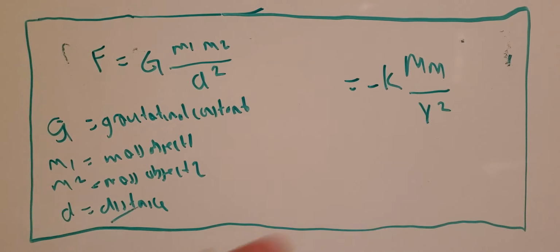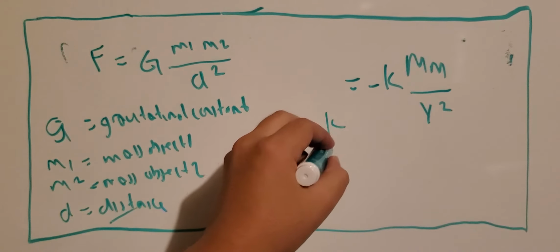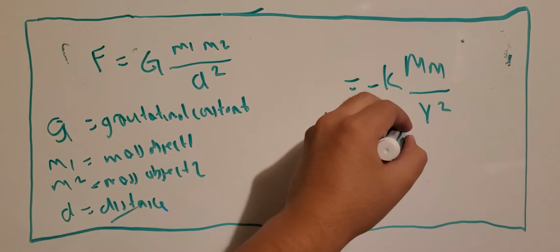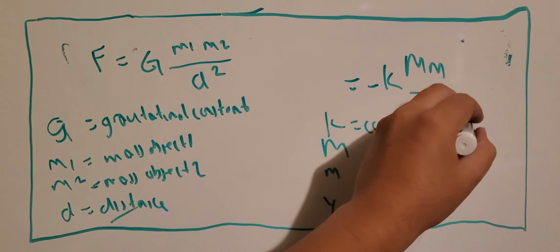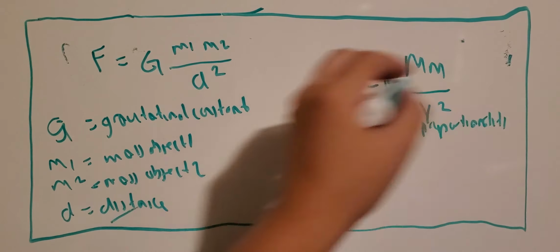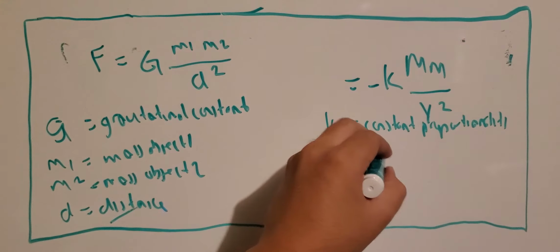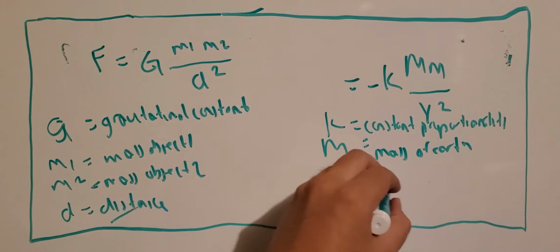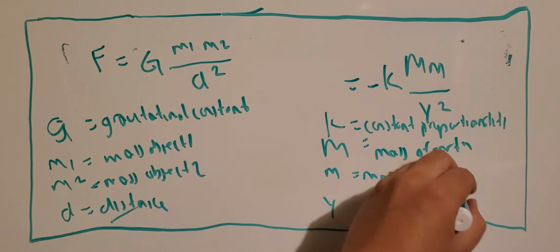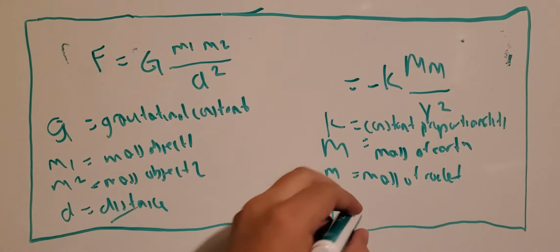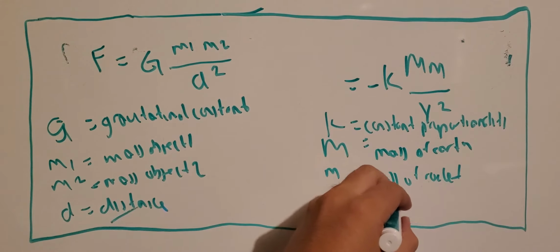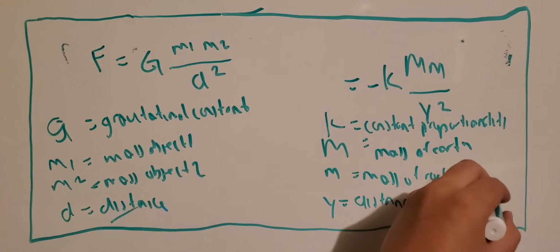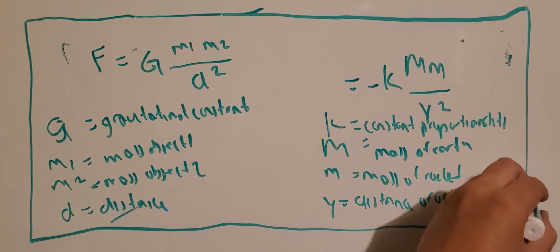So for this in equation 12, we're going to K. So again, K is constant of proportionality. Capital M is mass of Earth. Lowercase m is mass of rockets. And Y is distance of objects to the center of the earth.